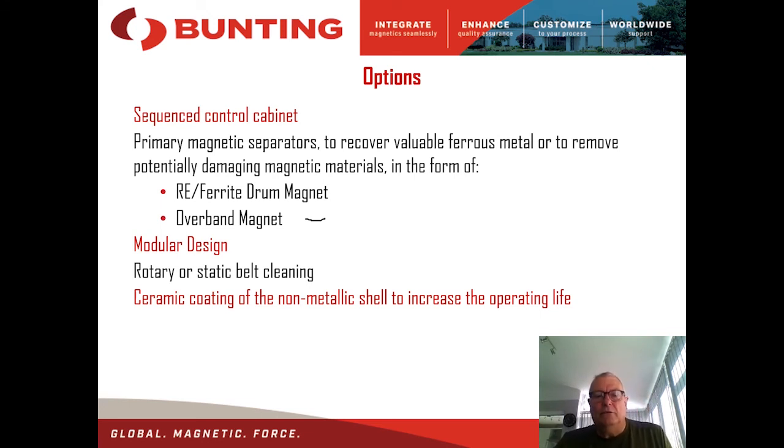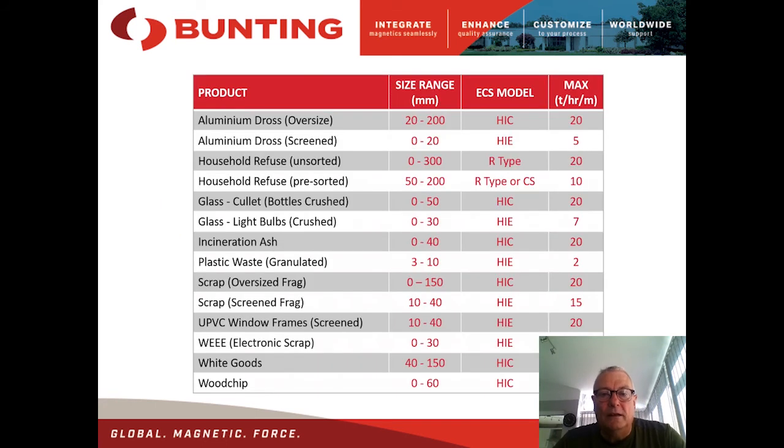And for high wear applications, you can have a ceramic coating on the non-magnetic ceramic shell, which creates an armoured surface which will allow longer life for the machine in hostile environments.